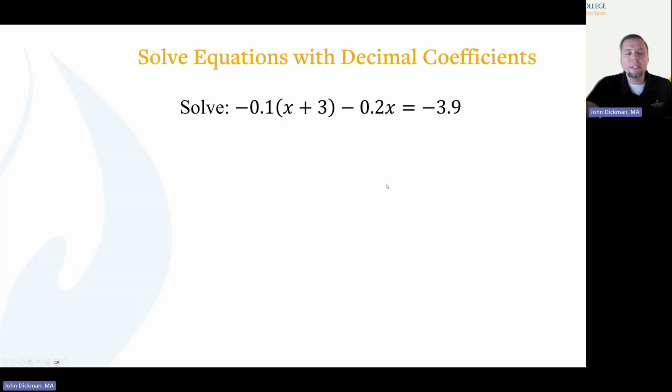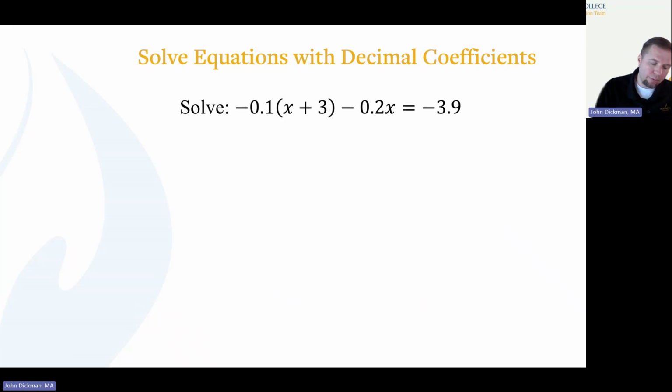But what if you have a decimal coefficient? Well, this is actually easier. You can use your calculator if you want, obviously, and you can still distribute this if you'd like, but I'd rather not deal with decimals if I don't have to. So I'm going to get rid of the decimal.